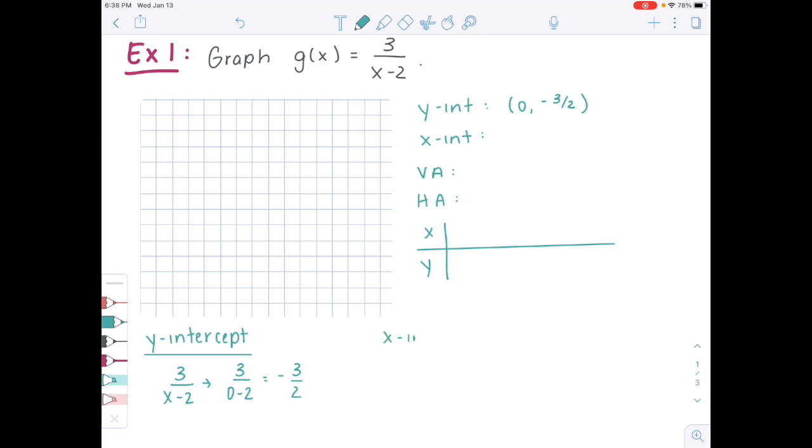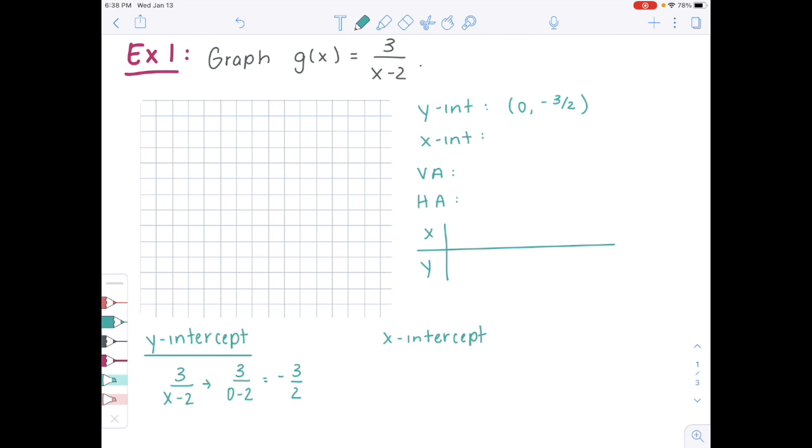Then we want to find our x-intercept. Our x-intercept is where we cross the x-axis, so that's where y is 0. So now we're going to set the function equal to 0 and solve.